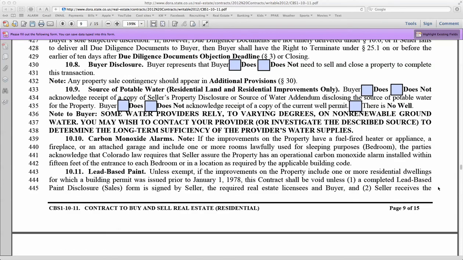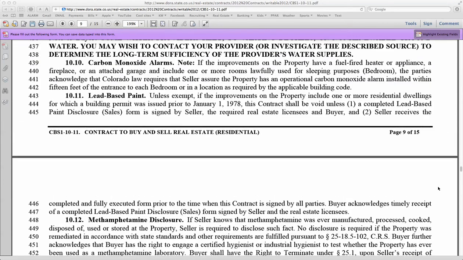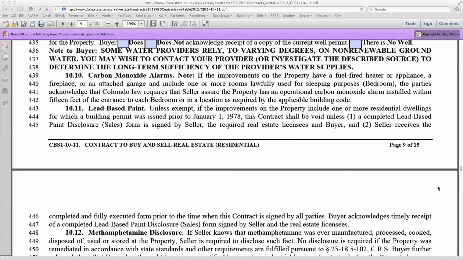Lead-based paint disclosure: if the property was built or had a building permit issued prior to January 1st of 1978, the contract will be void unless the lead-based paint disclosure form is signed by the seller and the seller receives the completed form prior to the time that the contract is signed. So the seller must provide this form to the buyers before signing this contract or the contract is void.